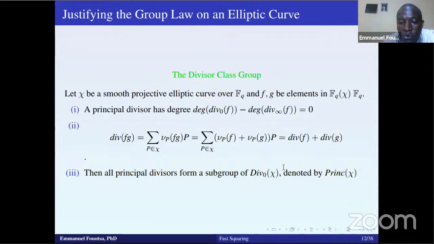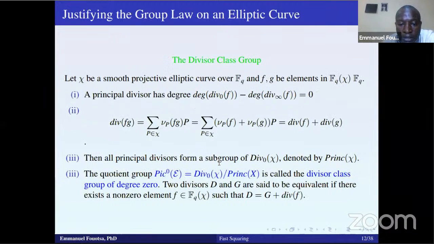We denote the set of principal divisors by Prin(X). As Prin(X) is an abelian subgroup of Div^0(X), we take the quotient and call it the divisor class group of degree 0.